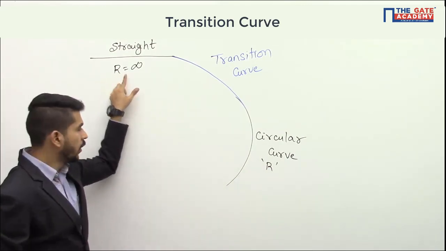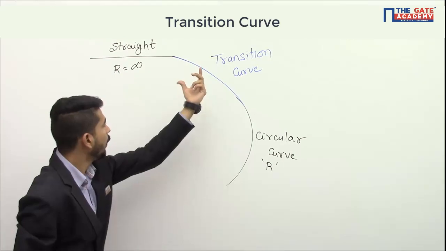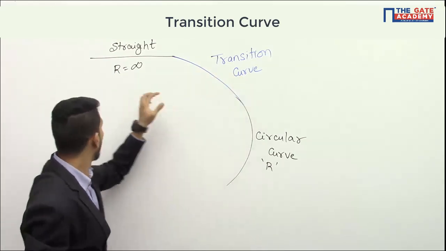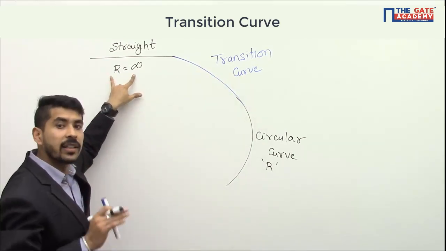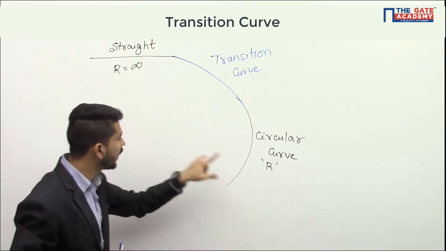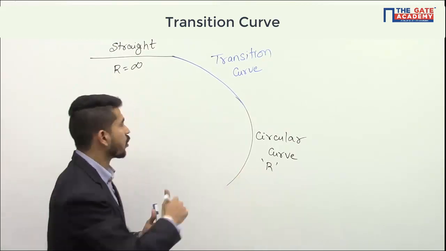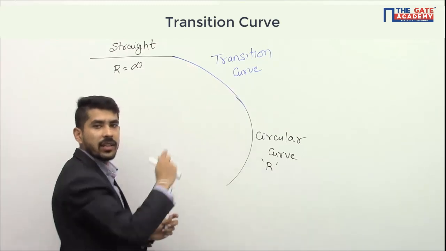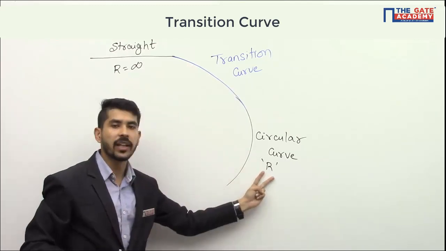This is infinity and this is a finite value r. With the help of the transition curve, we are gradually decreasing the radius from infinity to a finite value r, slowly and slowly.